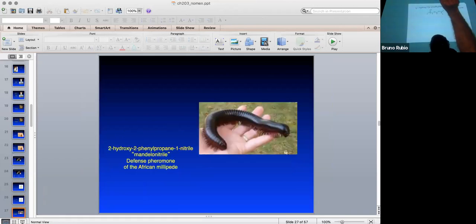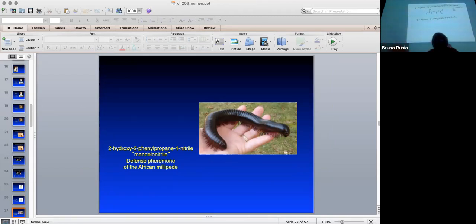Okay, so here's another example of a carbon-containing functional group. So this is the defense pheromone of the African millipede, 2-hydroxy 2-phenyl propane 1-nitrile.